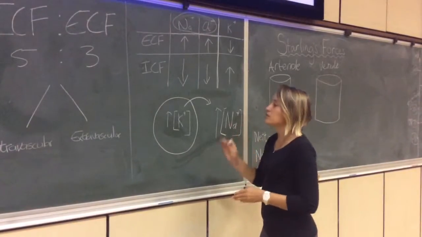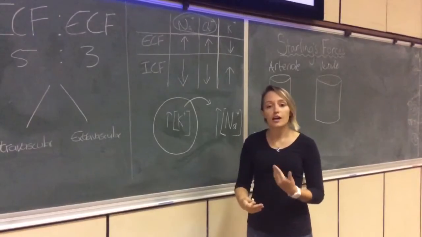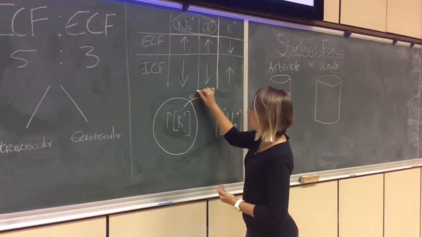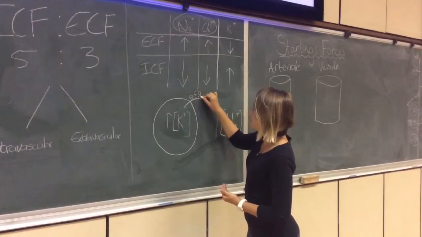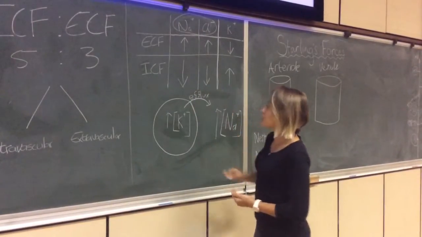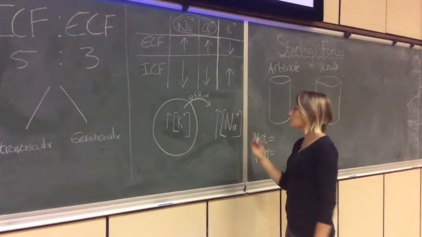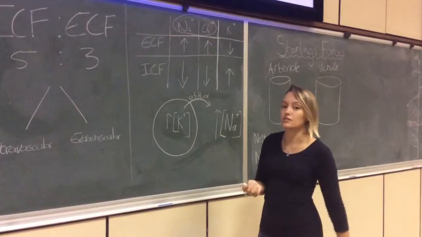And when a substance or something moves out of a cell, we call it efflux, okay? Efflux, alright? Apologize for my handwriting, but anyway. And then the sodium ions are going to move into the cell, alright?